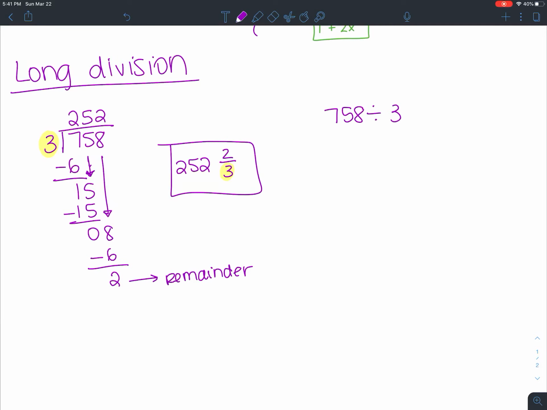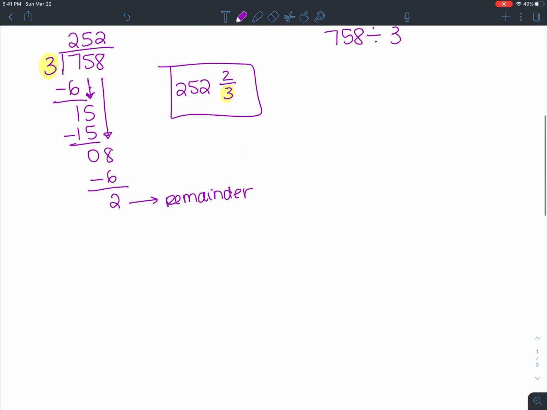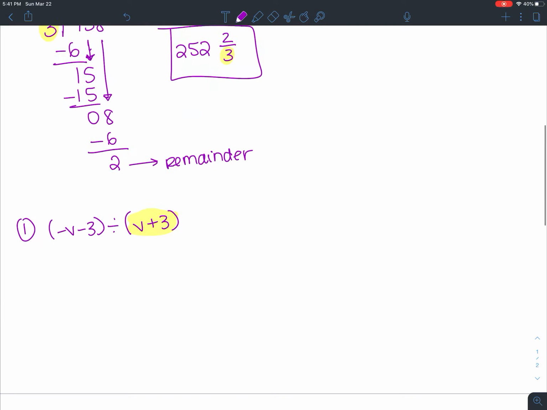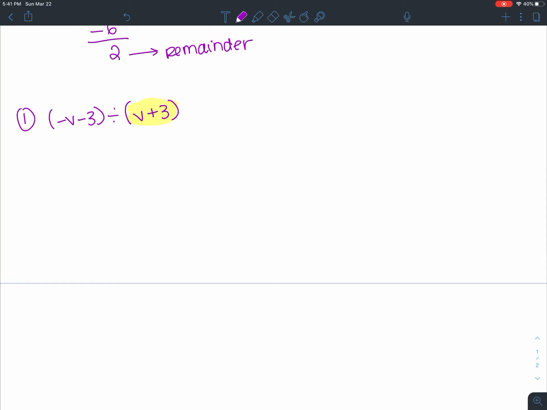Now we're going to do that whole thing with polynomials. All right. First example. We have negative v minus 3 dividing by v plus 3. Now, notice how the thing I'm dividing by is more than one term, so I have to use long division.